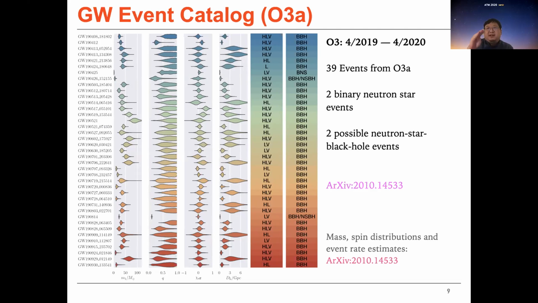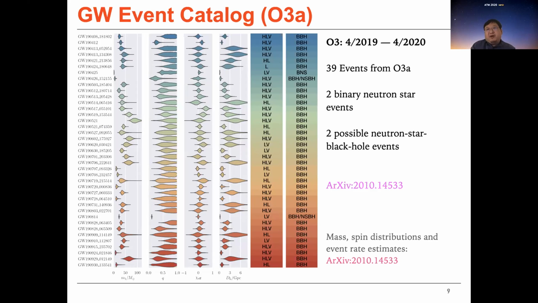In the first half of the O3 run, the data was released, and there were 39 events released in this catalog. Among these, as you can see here, most of the events are binary black holes. Some of them are possibly binary neutron stars, and some of them are possibly neutron star black hole binaries.